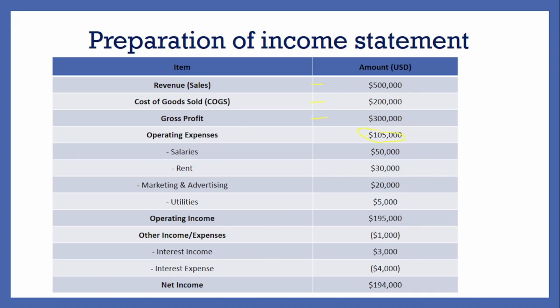We reduce the operating expenses from the gross profit to get the operating income. After that we adjust other income. There is an interest income that we add to the profit, and there are interest expenses we reduce from the operating profit. So the net will be this 195,000 minus this 100,000. So this will be the net income. This is an example of how we can prepare an income statement.